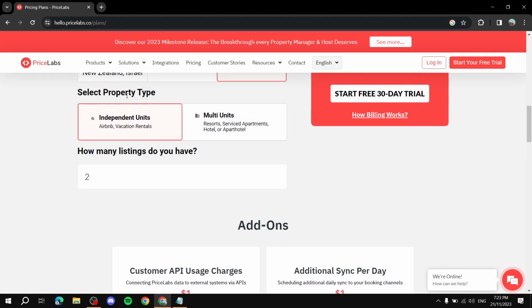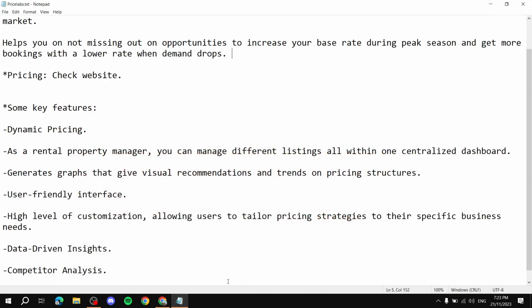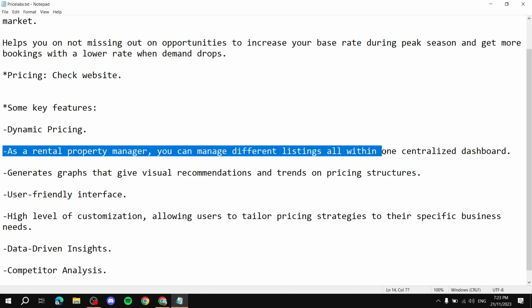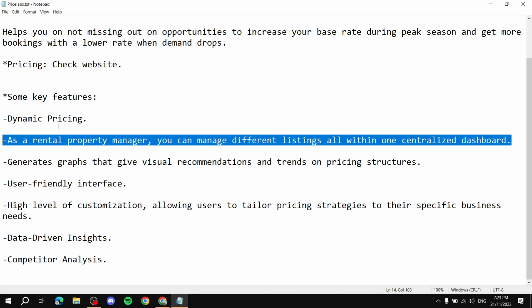And then if we go back to the note, we will talk about some key features. Dynamic pricing, we talked about that. It's the key point here. They give you the best price for the day, which in turn will give you a whole lot more bookings. As a rental property manager, you can manage different listings all within one centralized dashboard, which is always a good thing to have, everything in one place.